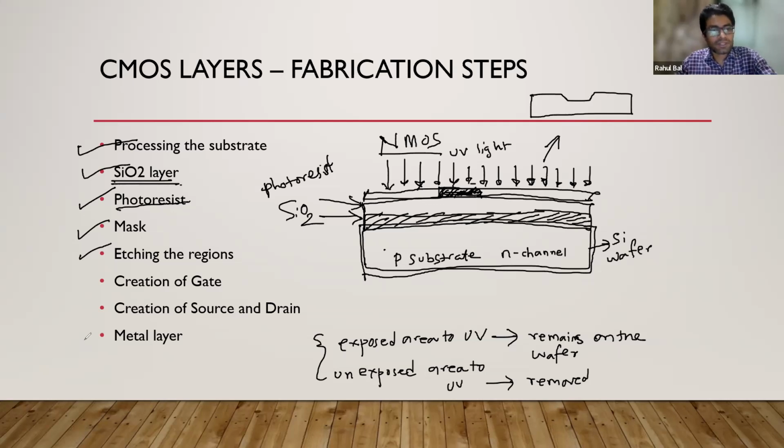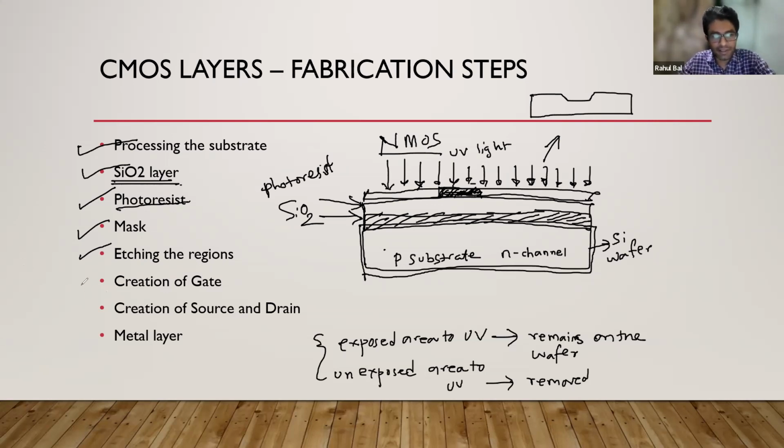And what is etching? Etching is nothing but, we just have to cut the unnecessary part and smooth that area, we can say cleaning the wafer. That is nothing but etching the regions.